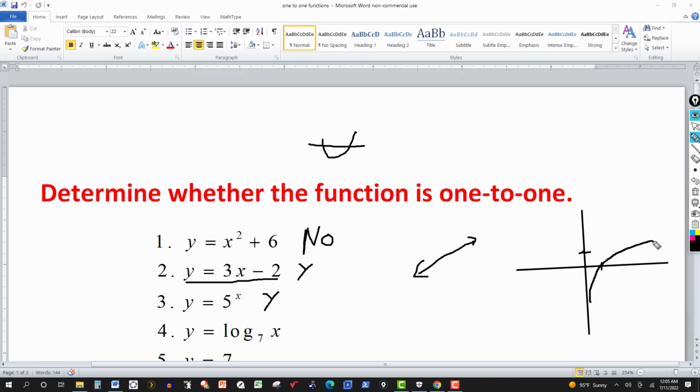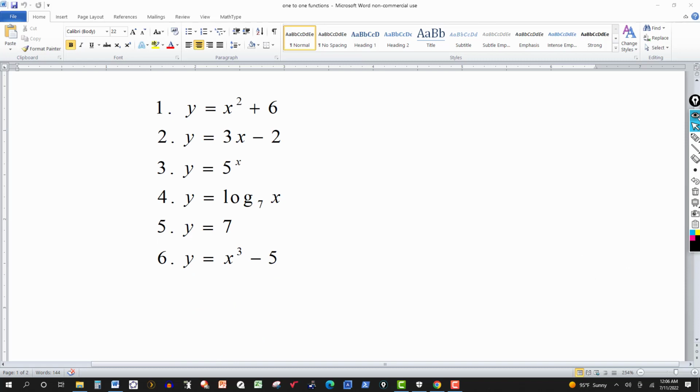You can plot a few points or use your calculator, but the graph looks something like that. The y-axis is a vertical asymptote. It approaches from the right, and then it rises. It passes the horizontal line test. A horizontal line crosses the graph at one point. So this is one-to-one.